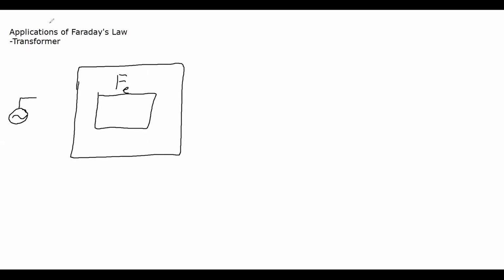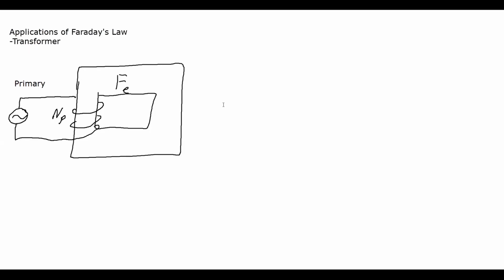So this goes around here. We have several coils going around this. I'm gonna call the number of coils here NP. So this is called my primary coil or my primary circuit.